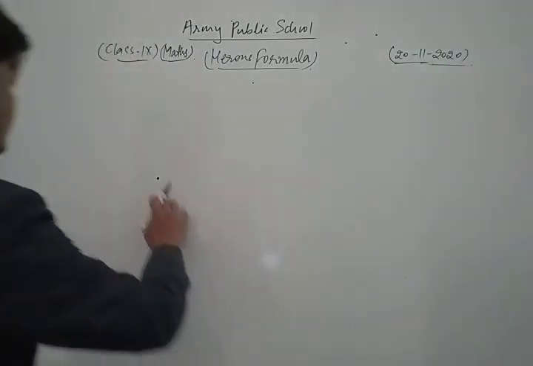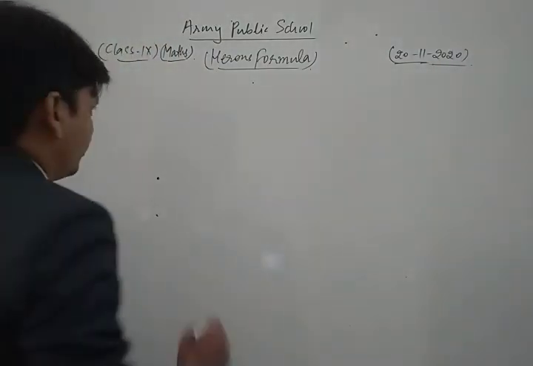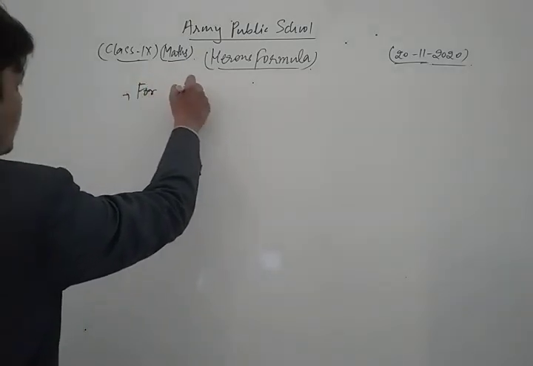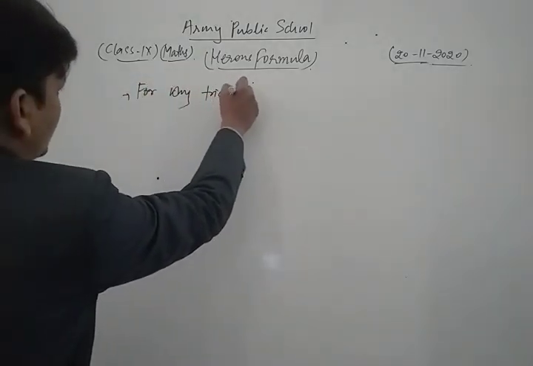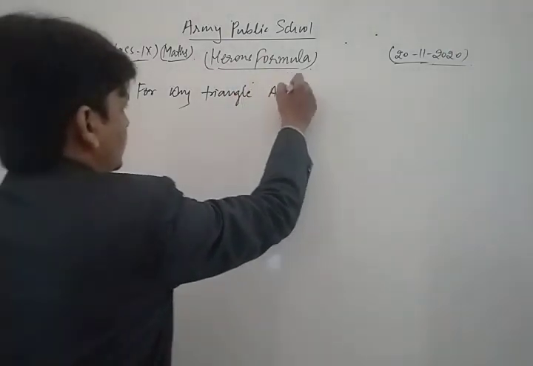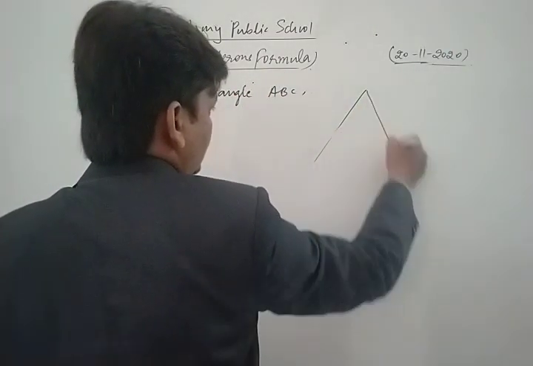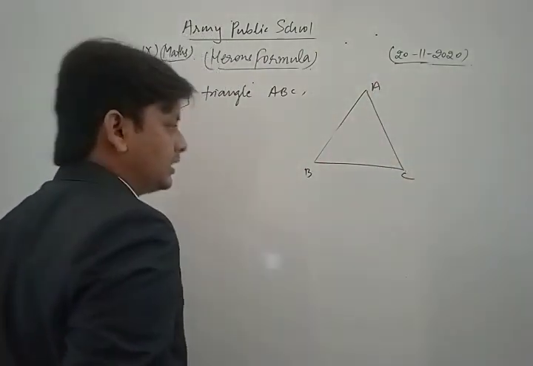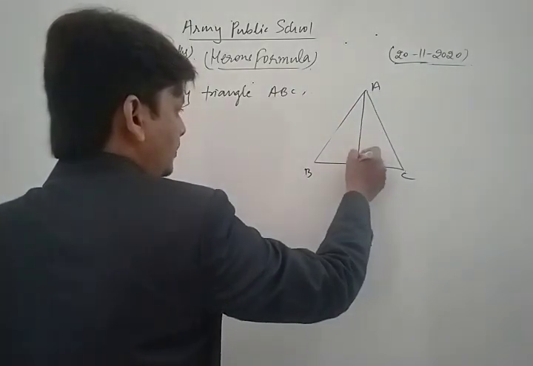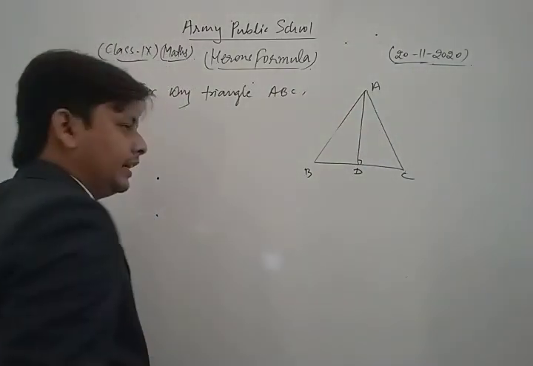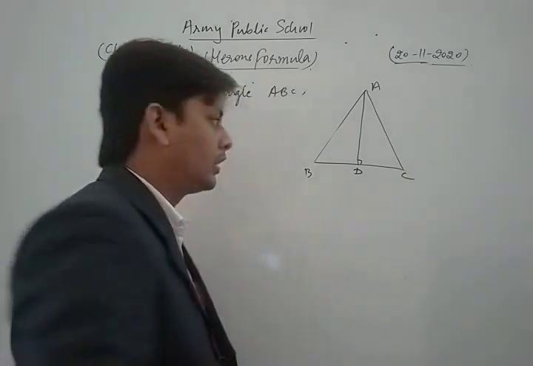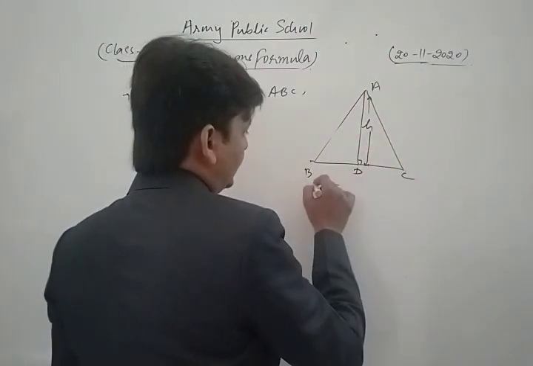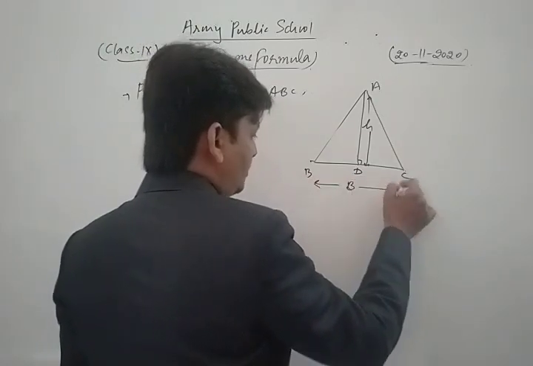Let's see, dear friends. For any triangle ABC, suppose that here ABC is a triangle in which AD is your perpendicular height, and suppose that this height is h, and the base of the triangle we see as b.